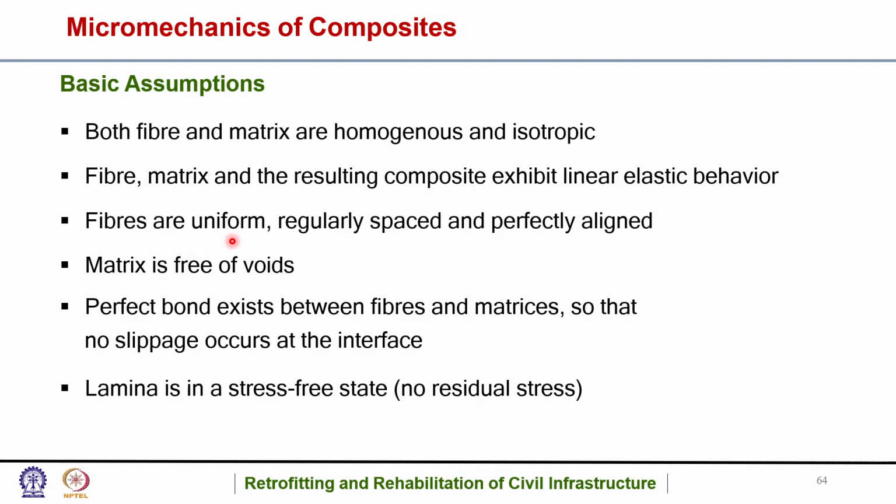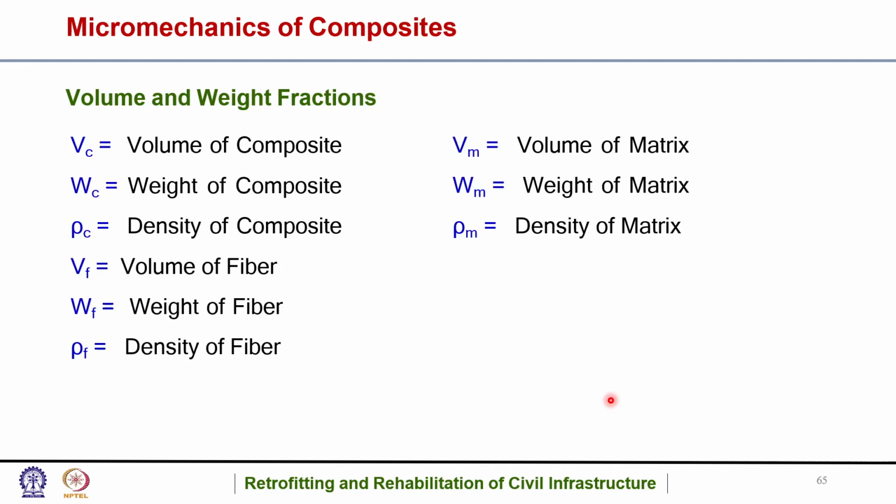Then, fibers are uniform, regularly spaced and perfectly aligned. The matrix is free of voids. A perfect bond exists between fibers and matrix, so that no slippage occurs at the interface, and the lamina is in a stress-free state, that is, no residual stress is present.